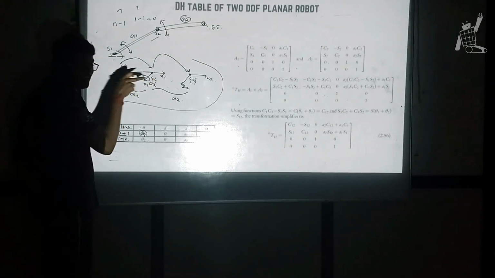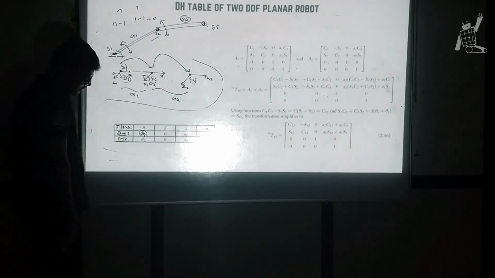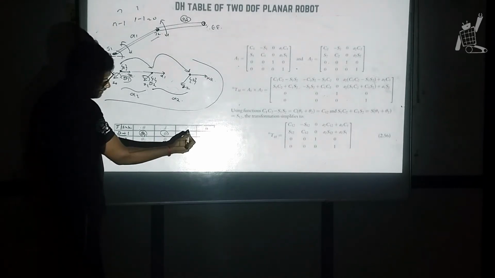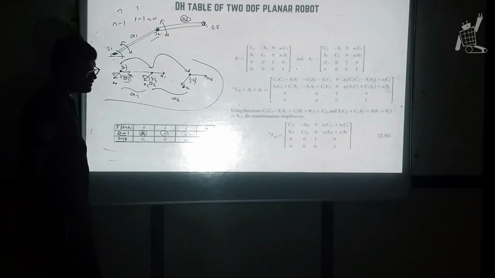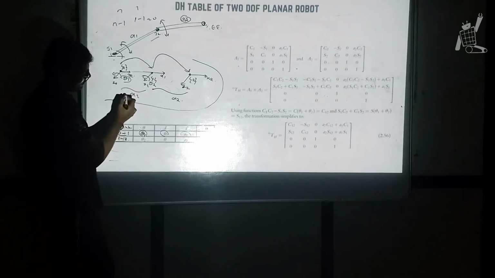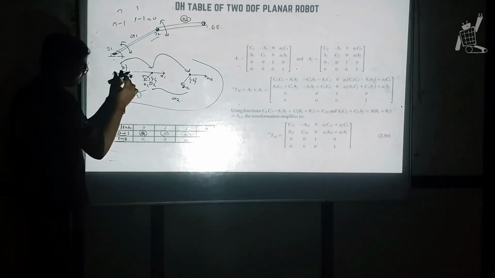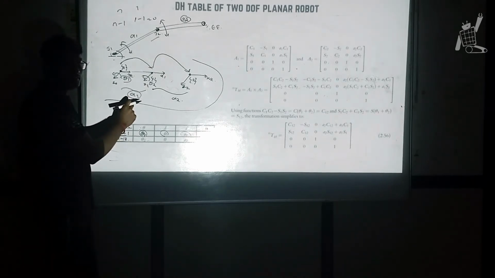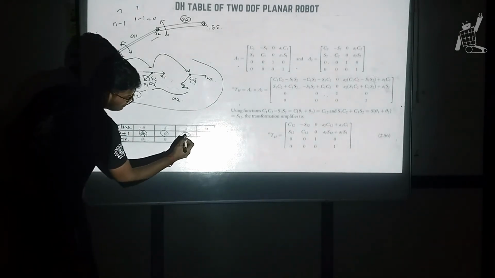So the motion is only along the x-axis. The z-axis motion is not there, so it is 0. Next, a is the motion on the x-axis. Since this is a1, in order to move this frame to there, you need to move a distance of a1. So it will be a1.